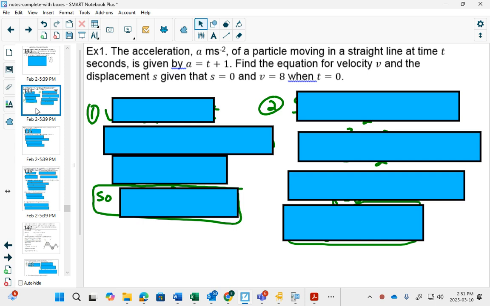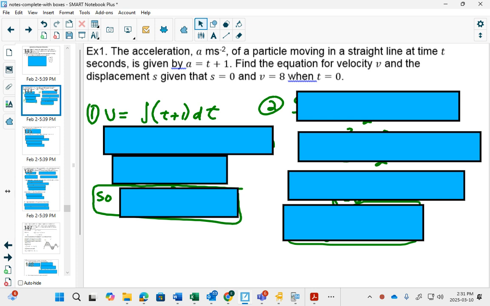The acceleration of a particle moving in a straight line is given by t plus 1. Find the equation for the velocity and displacement, and they give you certain initial conditions. So our velocity, if we were working backwards from acceleration, would just be the integral.